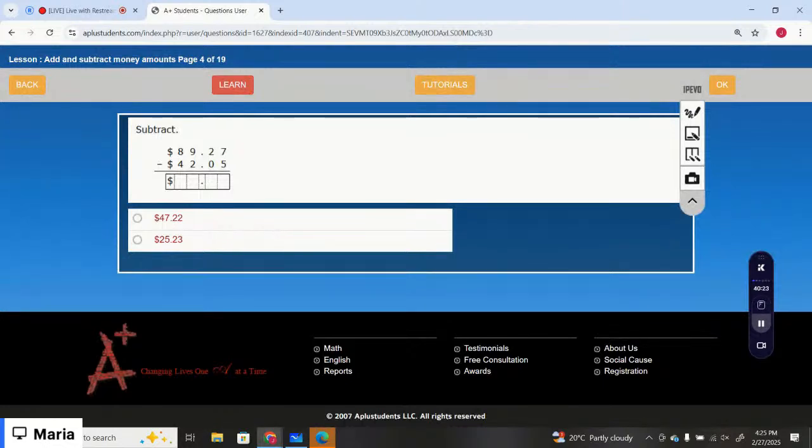Okay, subtract, which is the correct option? Option number one is the correct option. That is 47.22.